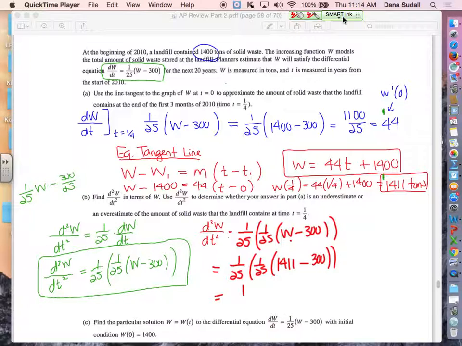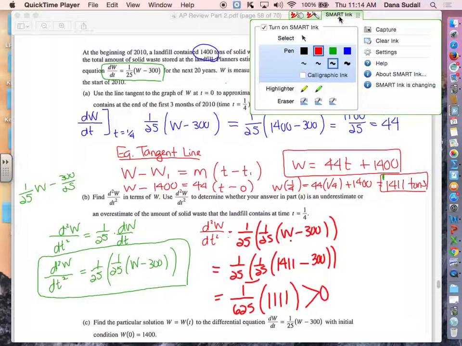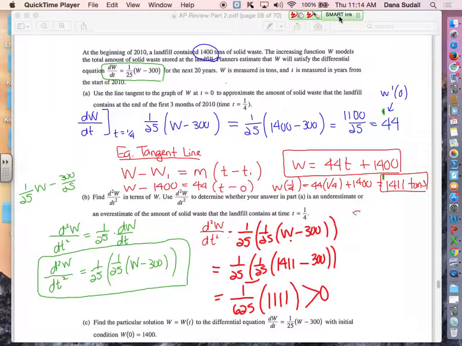you could do what I was doing, but it's going to make it more complicated. This out in front is 1 over 625. 1411 minus 300 is 1111. I just need to know, is that positive or negative? That's a positive value. Since it's positive, that means our curve is concave up.